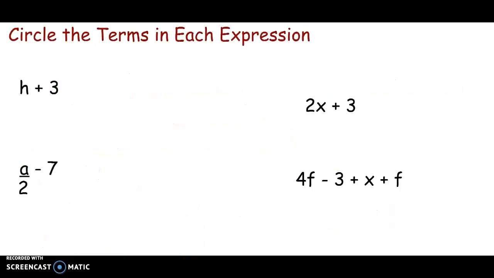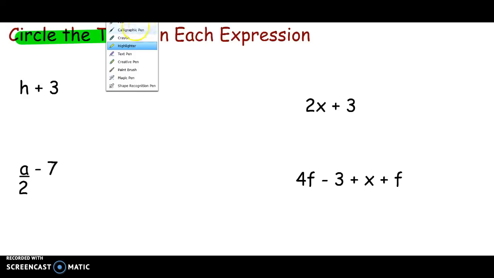It says circle the terms in each expression. Circling the terms is a technique we use to help us when we want to simplify. You want to remember that the plus and minus signs are almost like stop signs or walls sometimes.